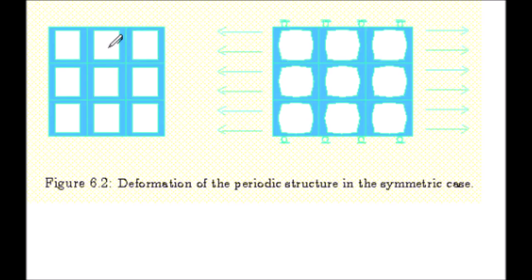In the case of periodic structures, it's possible to use the period of the cell as the representative volume element. In cases when the structure in addition is symmetric, as we see here on this figure, the deformed structure will inherit this symmetry.